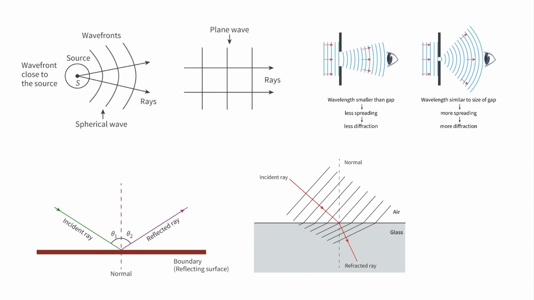Then you have something very interesting happening. As I mentioned before, going from a more dense medium to a less dense medium, the ray will go away from the normal. Now, if you tilt it enough, at a certain point called the critical angle, the ray will go so far away from the normal, precisely 90 degrees, that it is not shown on the other side.